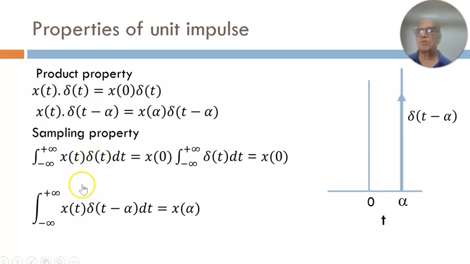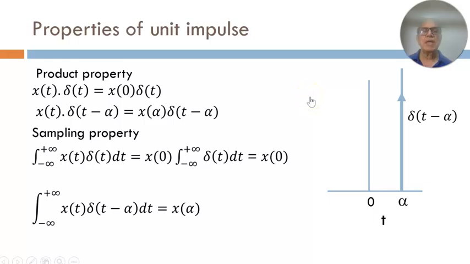That is, you multiply the given signal by a shifted unit impulse and you sample the value of x(t) itself at t equal to alpha, where alpha is the delay time. If alpha is 0, then of course you get x(0), but for other values of alpha you get x(alpha). So that is called the sampling property.